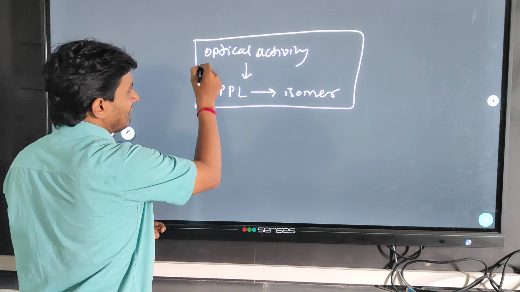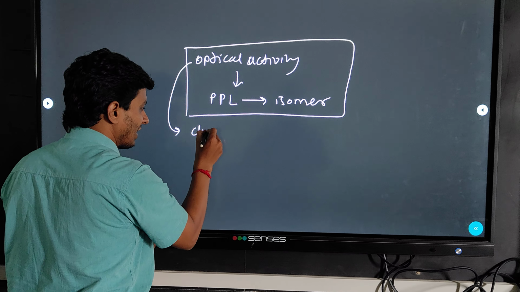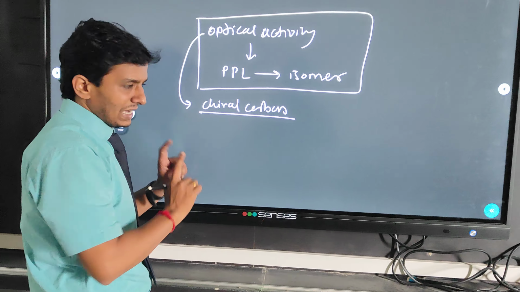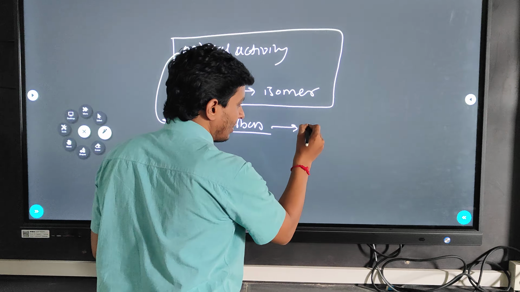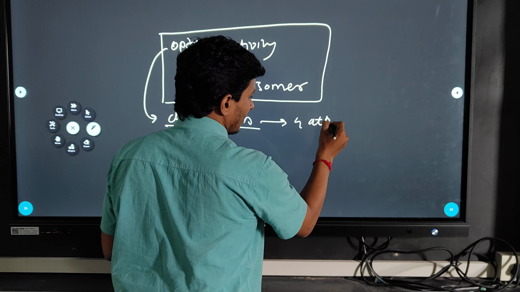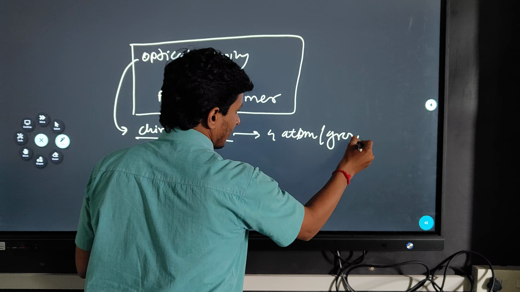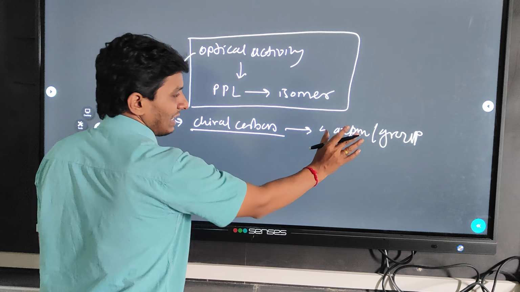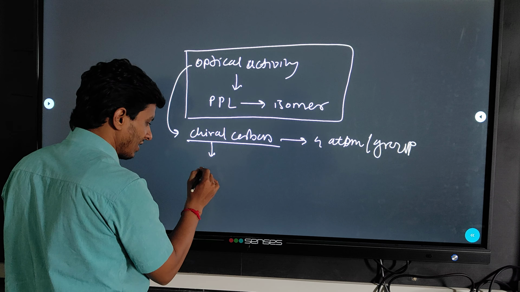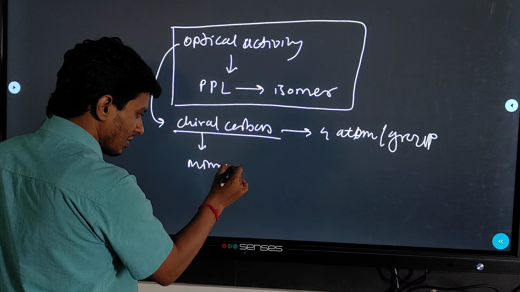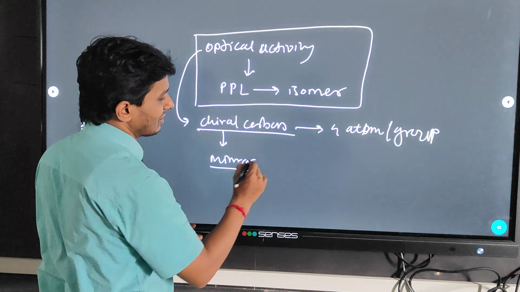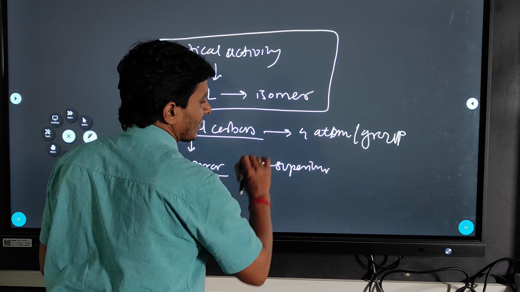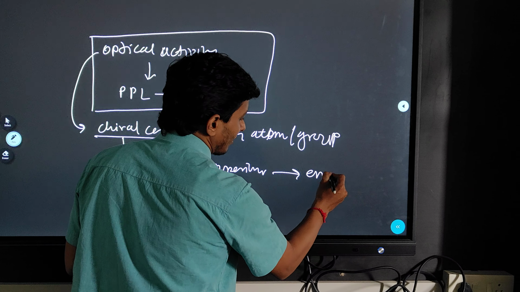This activity is because of the presence of a chiral carbon, and this chiral carbon has 4 different attachments. And this particular molecule with these 4 different attachments has a mirror image. But if this mirror image is non-superimposable, then it is called an enantiomer.